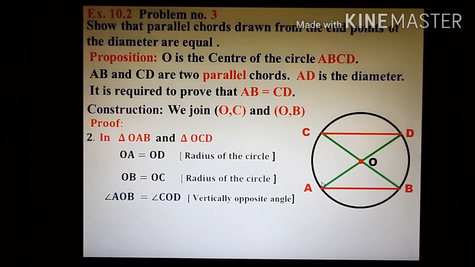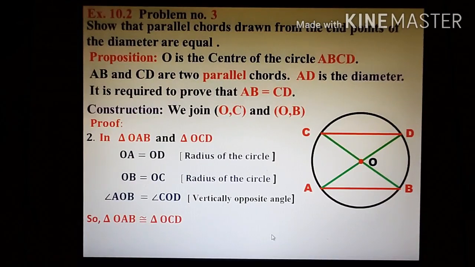Angle AOB equals angle COD. Now, how many things are equal? 3: one is an angle, another 2 are sides. Therefore, we can write triangle OAB is congruent to triangle OCD. Means these two triangles are congruent.